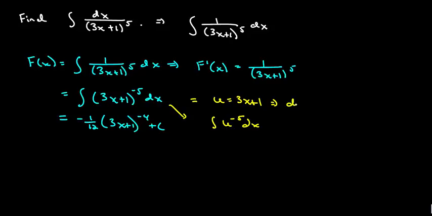So du, now this right here is going to come from our differentials. So du is equal to the derivative of this guy times the change of x, times dx. So I'm going to replace dx with du over 3.